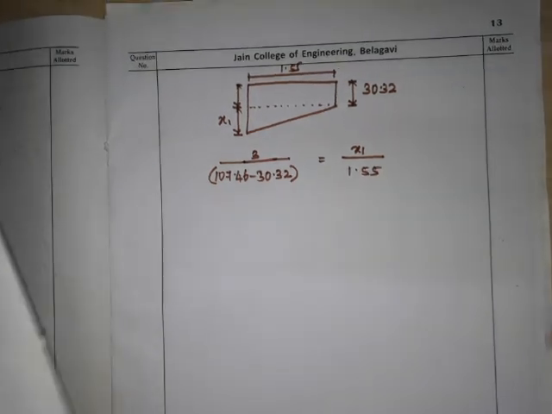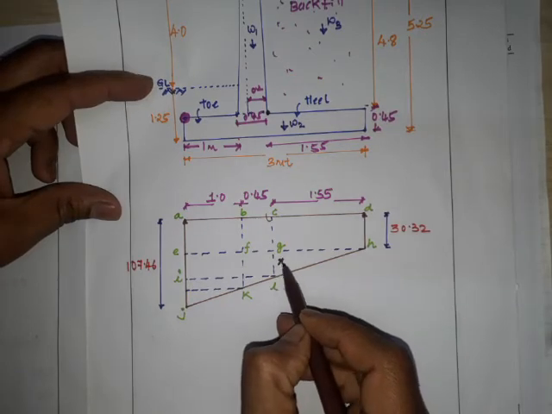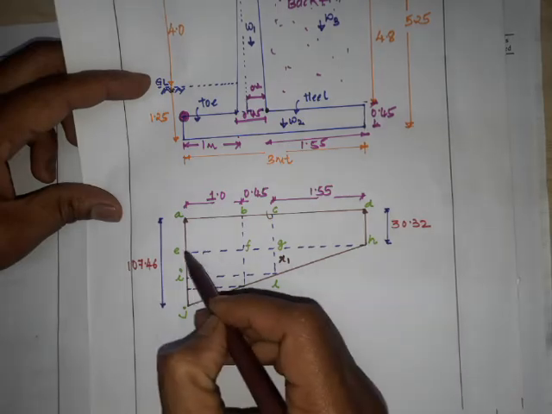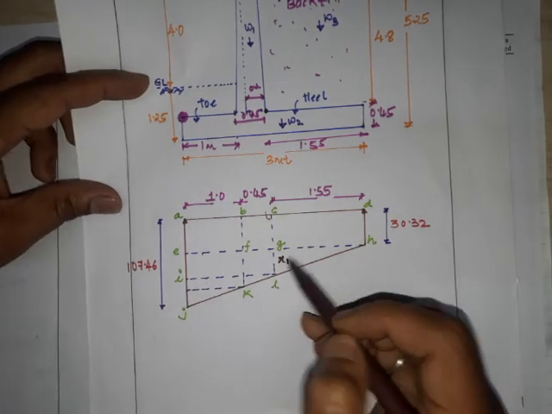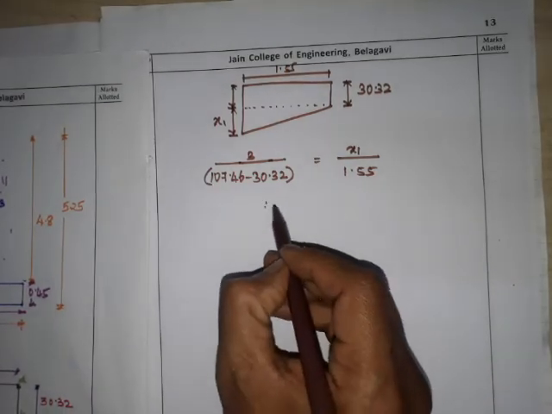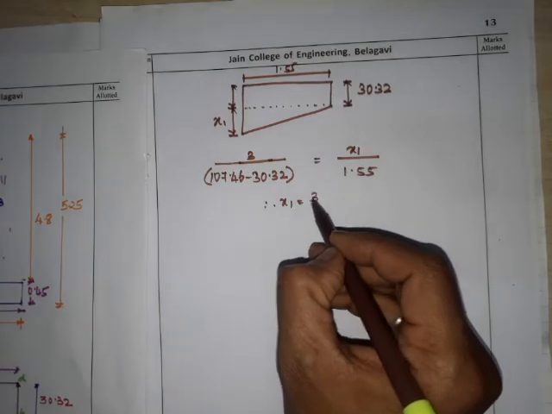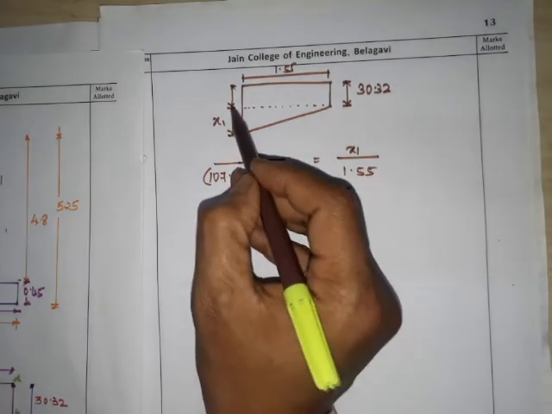I'll explain once again. I have taken this as x1, correct? So 3 meter divided by this height, x1 divided by 1.55 meter. So we have to find out x1 from this. Therefore we get x1 as 39.85.